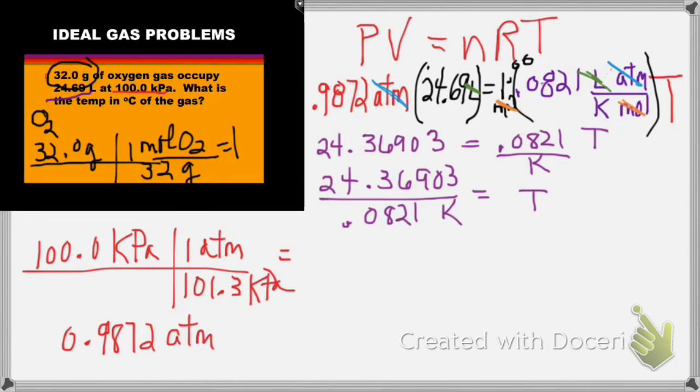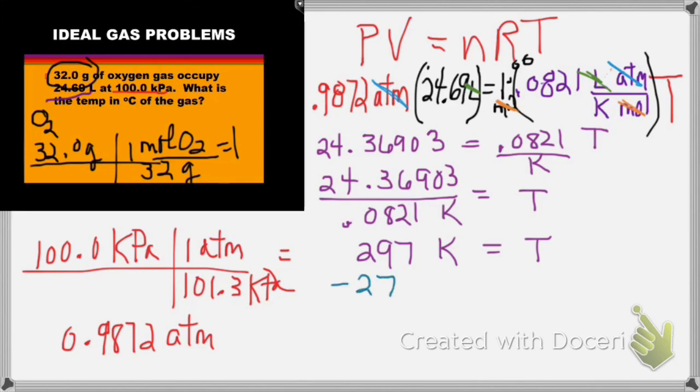A little more rearranging. Plugging that in the calculator, we get temperature equals 297 Kelvin. Now notice we haven't answered the question because they wanted the temperature in degrees Celsius.